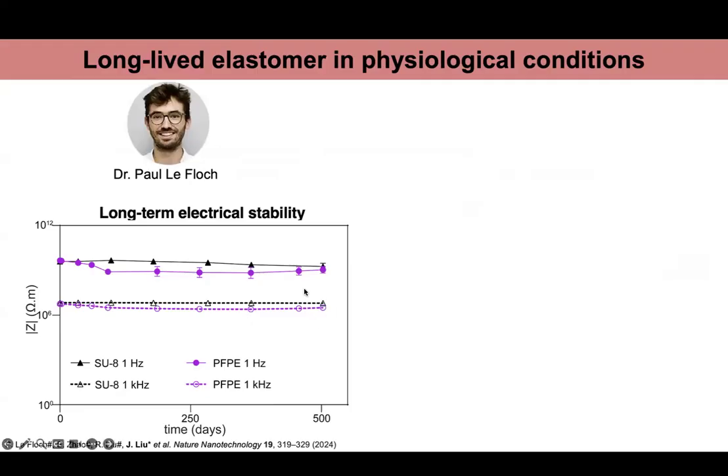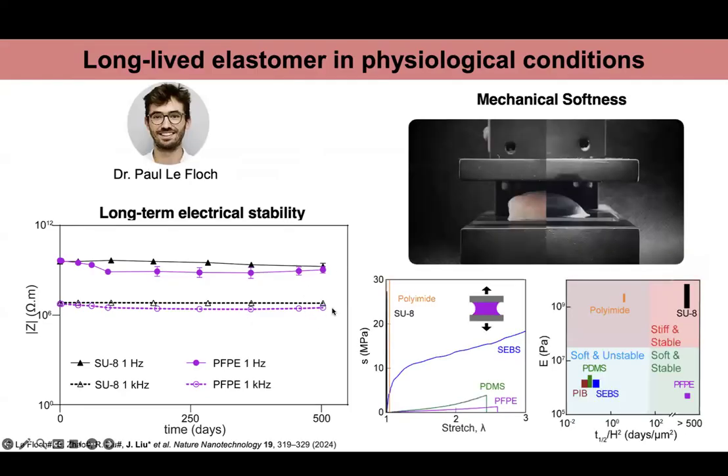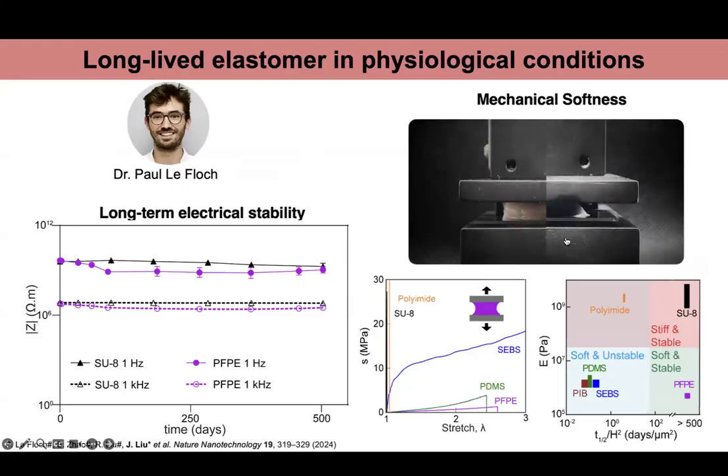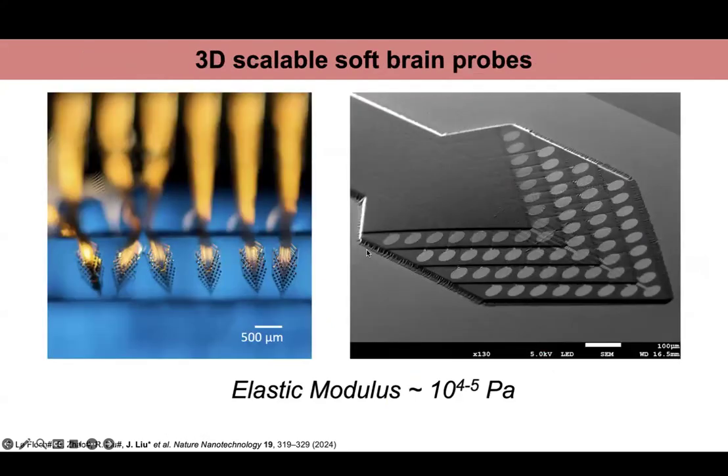It shows the same level of stability. And this material can be made into brain-level mechanical property, extremely soft. And we can further engineer it as a photoresist. We can use photolithography to pattern their structure at high resolution.